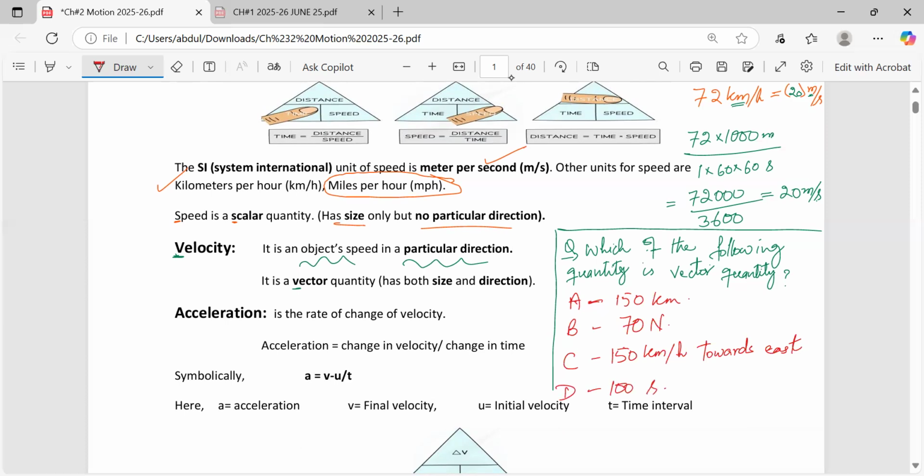Option A, 150 kilometers. Option B, 70 Newton. Option C, 150 kilometers per hour towards east. And option D, 100 seconds. Which of the following is a vector quantity?